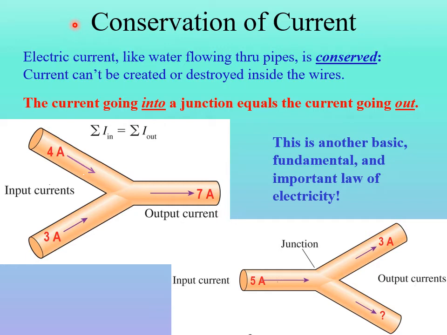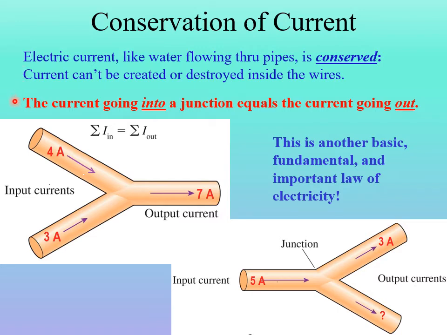Before we return to our parallel circuit and analyze it, there's another very important rule or law that will help us, and it's called conservation of current. So electric current, like water flowing through pipes, is conserved, meaning current can't be created or destroyed inside the wires.